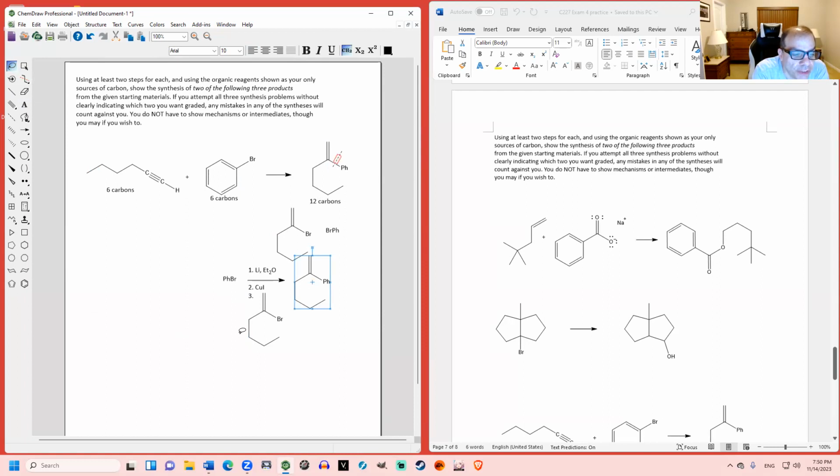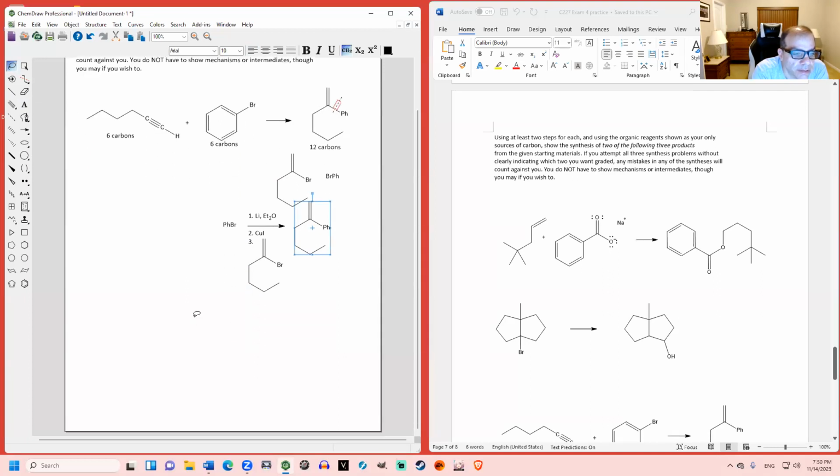So the only question is, how are we going to make this bromide? We need to make it from this alkyne. Let's number the carbons so we can see where they're all going.